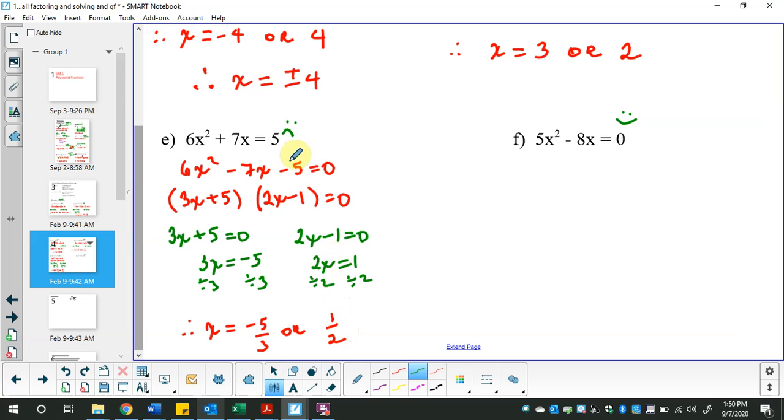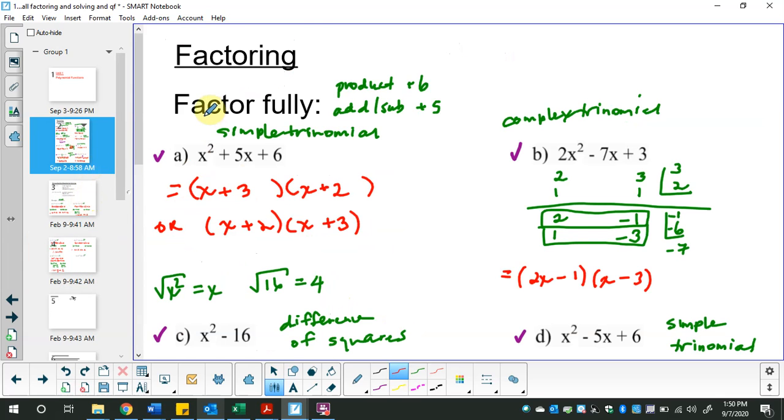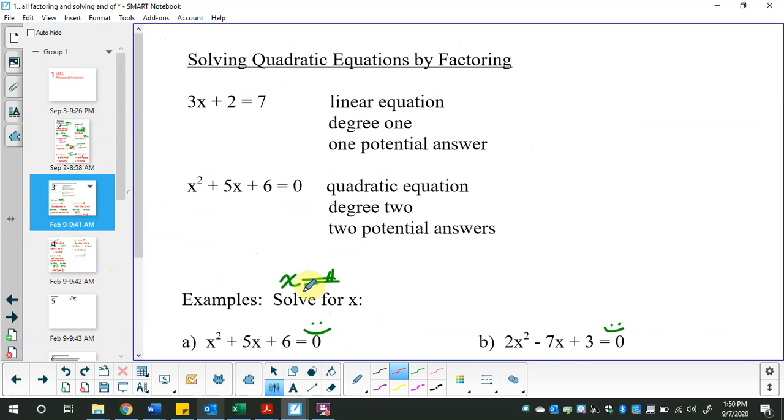And then, final question of the solving by factoring. So this, notice the instructions: factor fully, factor stop, the end. These questions, solve. It might say solve by factoring, it might just say solve.